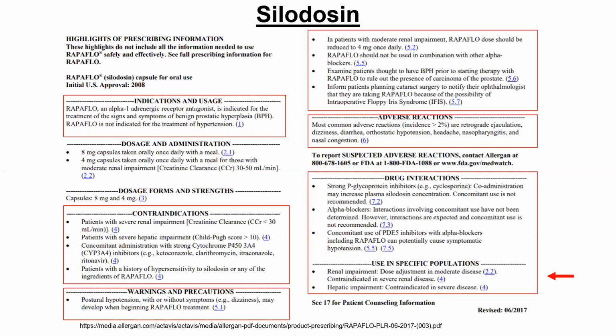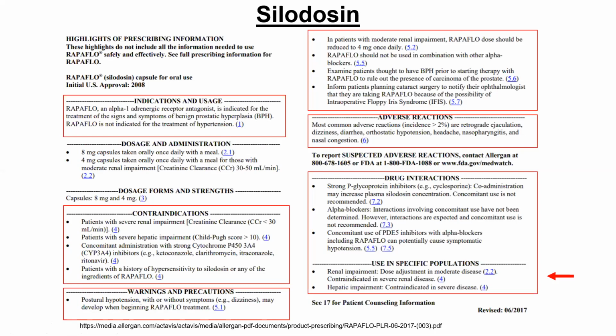In specific populations, the thing I want to highlight is that in renal impairment, dose adjustment is required in moderate disease and it is contraindicated completely in severe renal disease. So you don't want to give this drug to someone who has very compromised renal function, and also in hepatic impairment. Those are the conditions where you have to be careful when thinking about this drug.